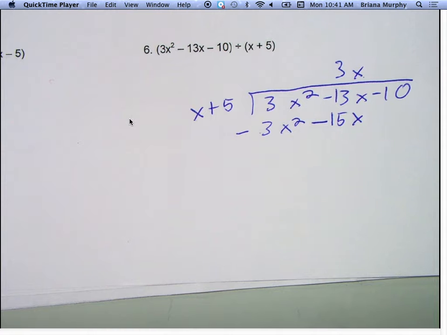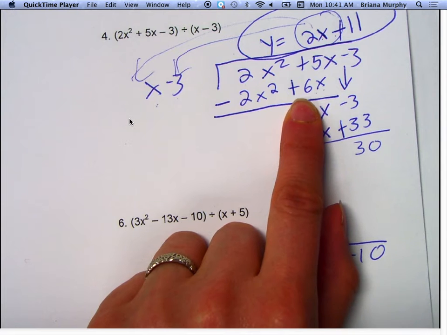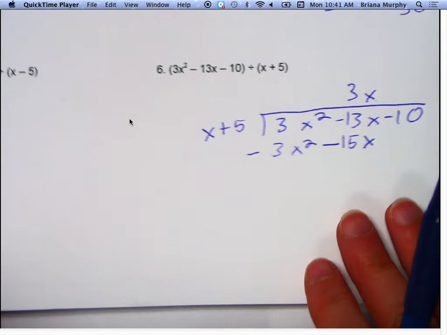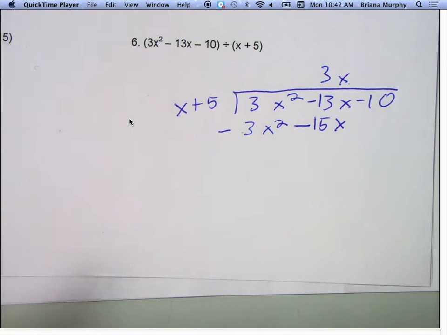No, we subtracted. It was a negative number, because this was negative 6x, and then I changed the signs, and a negative makes a positive. So this was a positive, and I changed it to a negative.